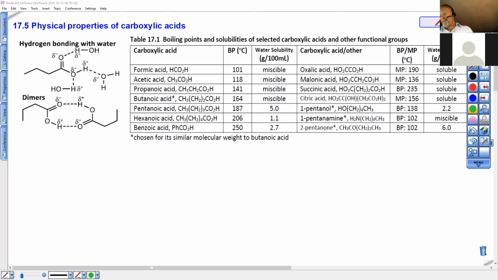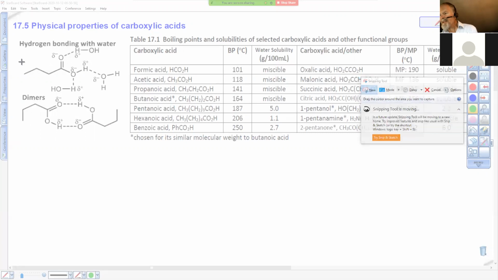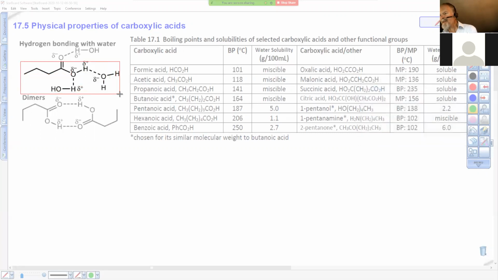In fact, I could do the butanol here with my snipping tool. And new snip. Butanol would be just this portion here. Hydrogen bonding with water. I'll get rid of that pi bond.